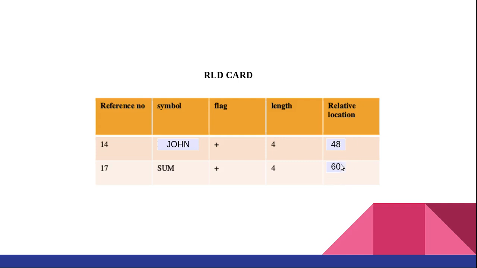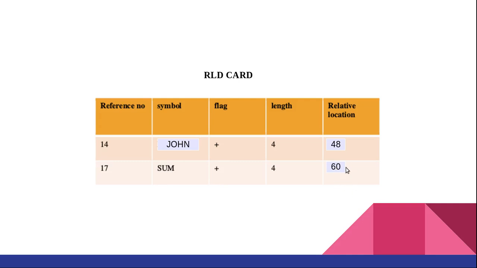Similarly, the relative address 60 is containing the address of ASUM. What is the address of ASUM? Now the content of 60 is 0. Okay. Initially it is 0. When we get the address of ASUM, it has to be added with the address of ASUM. That's why we are representing the operator as plus.